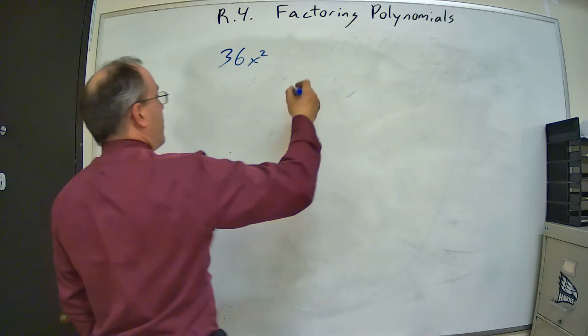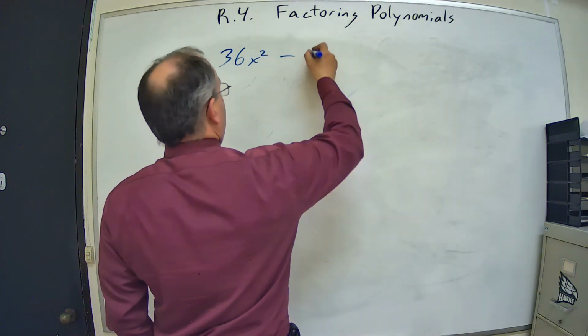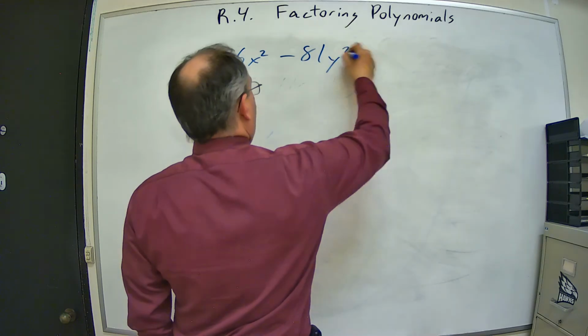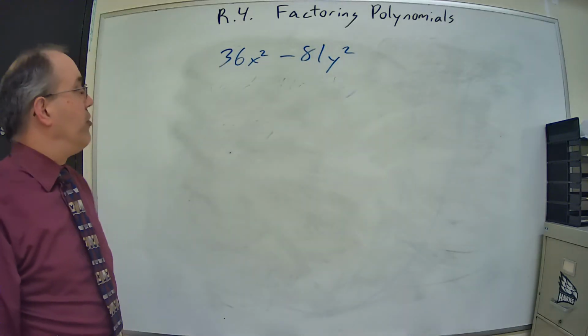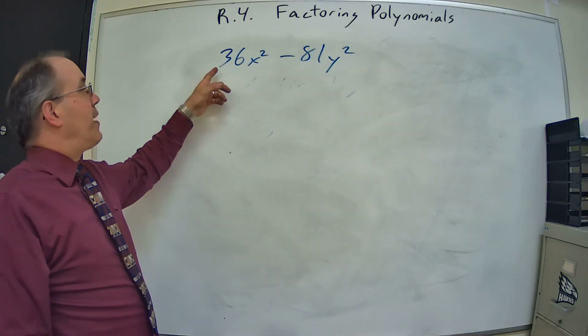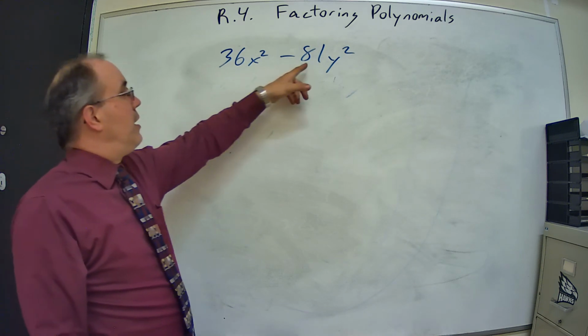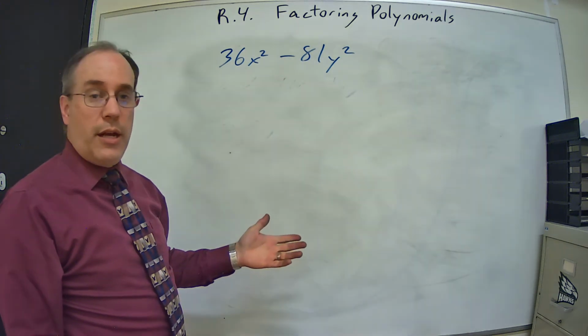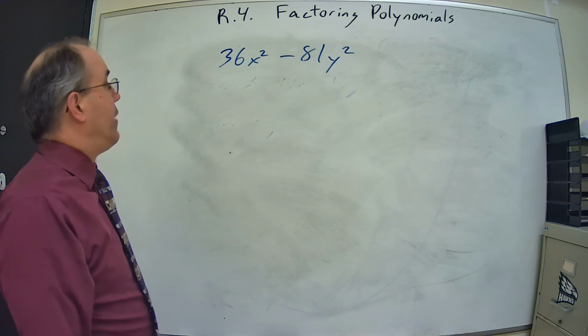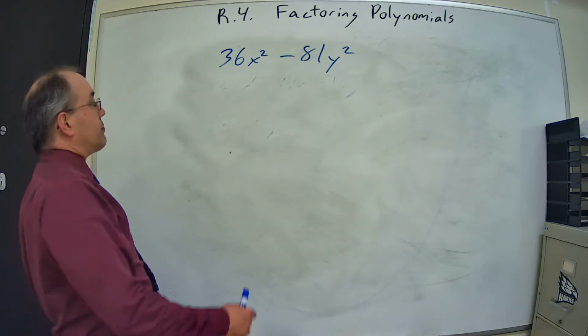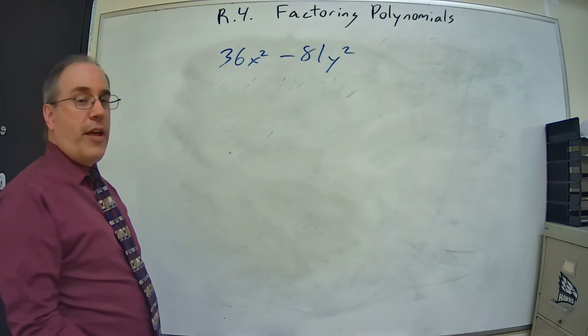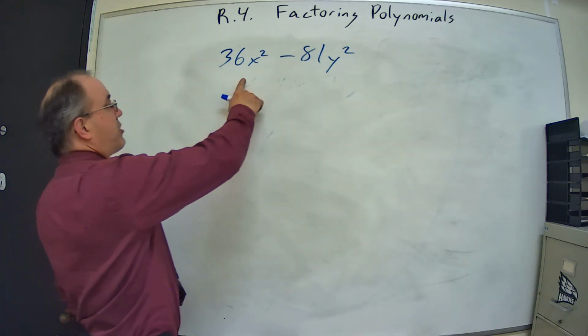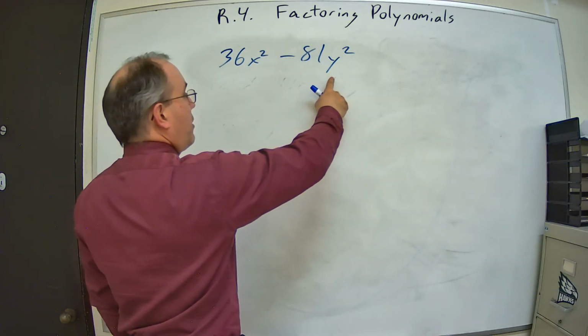36x squared minus 81y squared. Well, you may look at that and go, well, I know I can factor out a 3 out of these, so that might be a good idea. If I can factor out a 3. But I think better than that, I see 36x squared minus 81y squared.